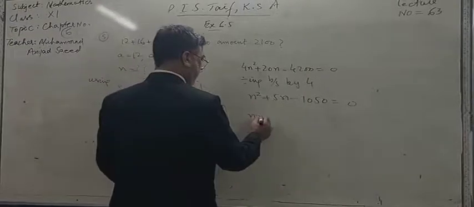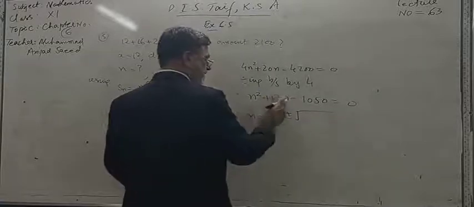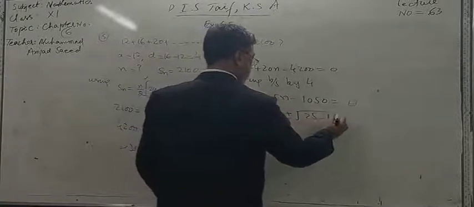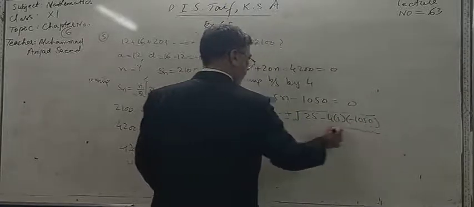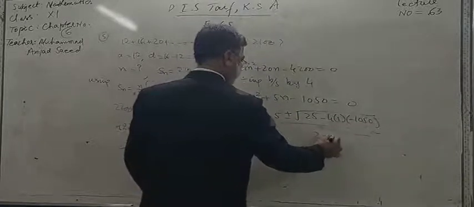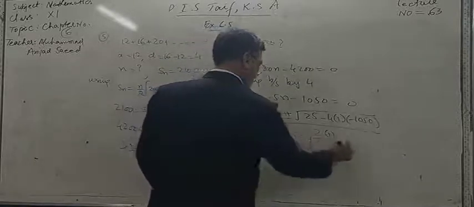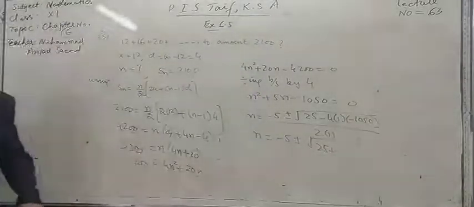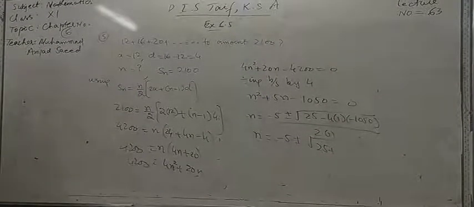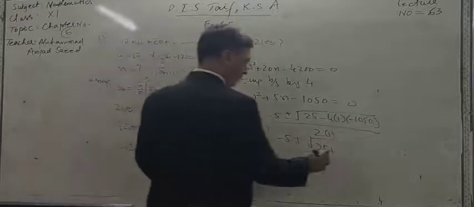the quadratic formula as n is equal to minus b plus minus square root of b square. What is b square? 25 minus 4a into minus 1050, whole divided by 2 into 1. So n is equal to minus 5 plus minus square root of 25 plus 4200.